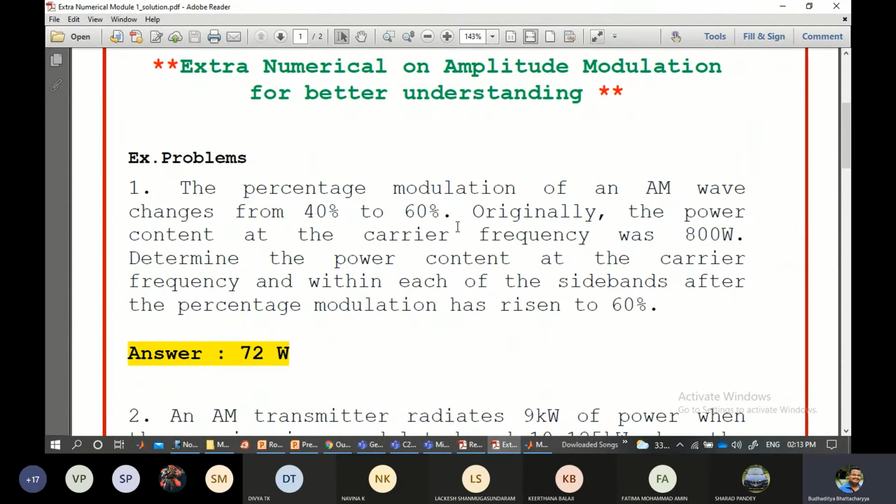Can you tell me one thing at least? Sir, could we take 800-watt carrier power at 0.4? Then using a ratio like Pc1 by Pc2, we can find the carrier power at 0.6. But how are you going to do it? Let me write it.